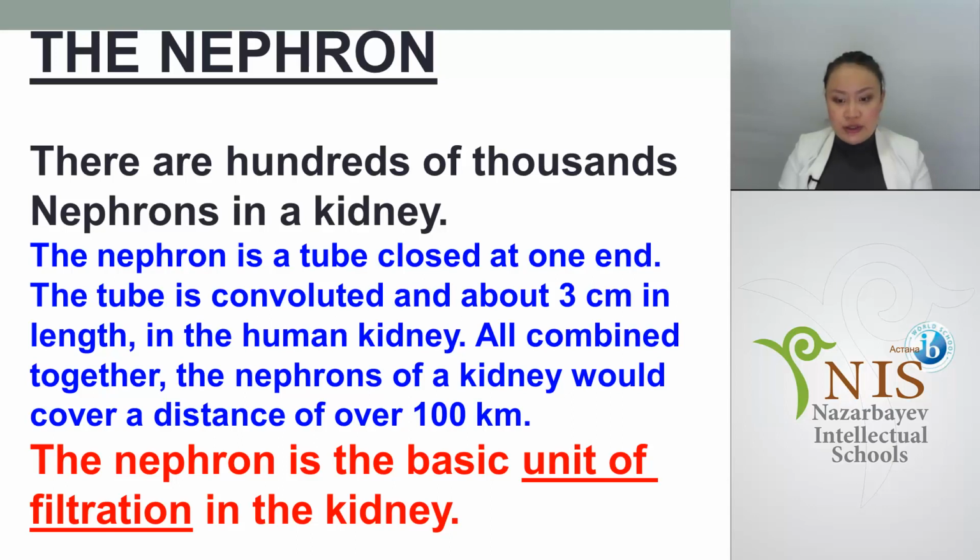The tube is convoluted and about 3 centimeters in length in the human kidney. All combined together, the nephrons of a kidney would cover a distance of over 100 kilometers. The nephron is the basic unit of filtration in the kidney.